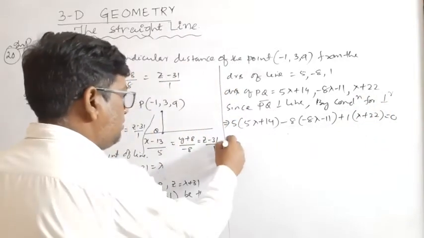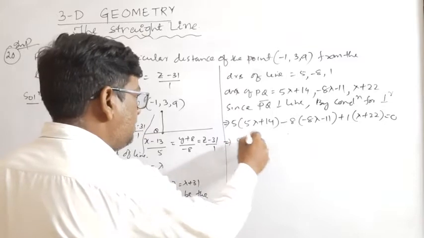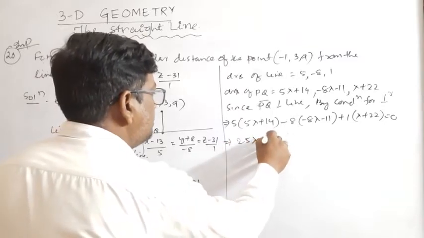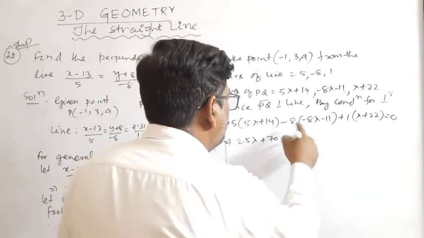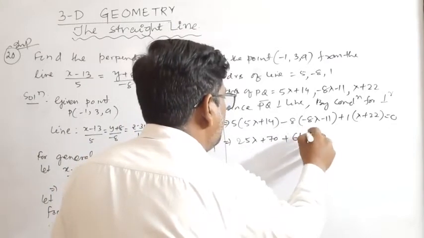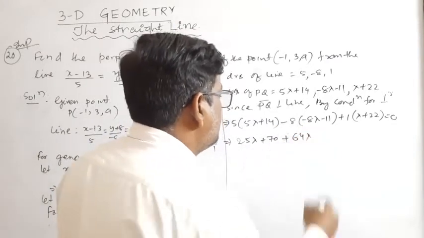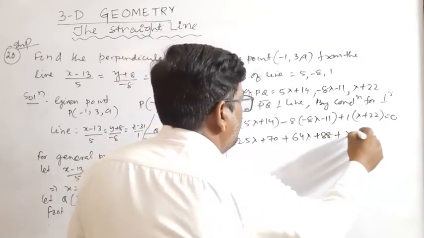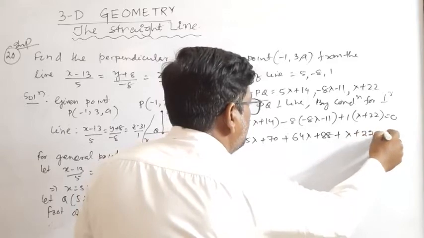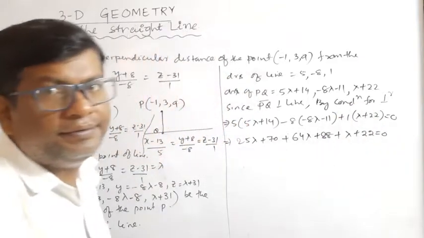That is 25 lambda plus 70 plus 64 lambda plus 88 plus lambda plus 22 is equal to 0.